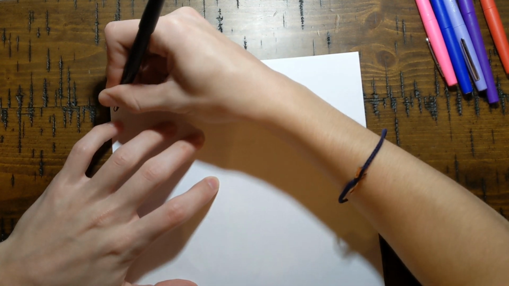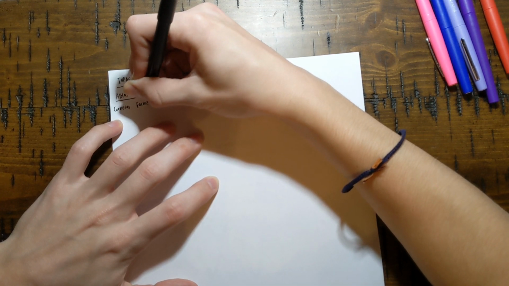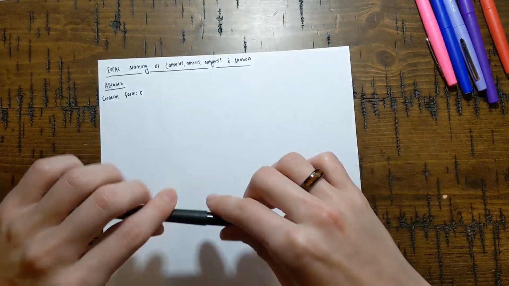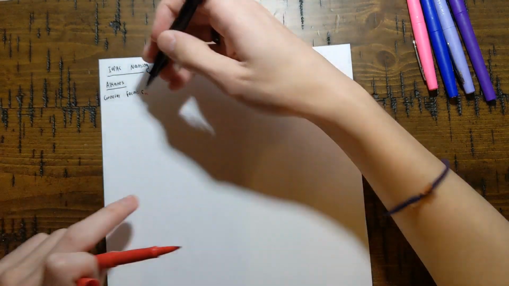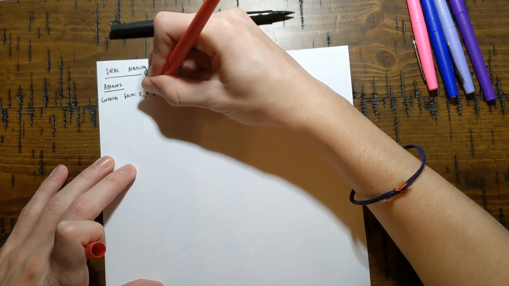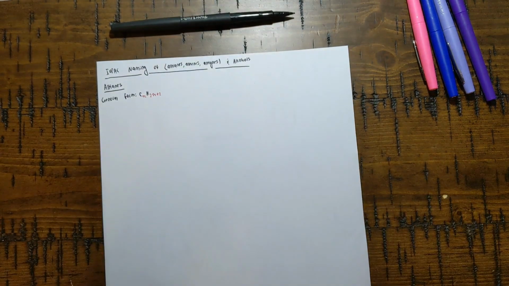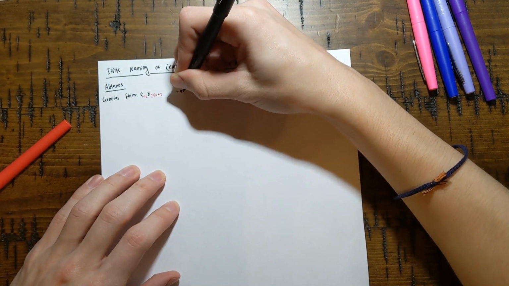Alkanes have the general formula CnH2n+2. They also have the suffix -ane.